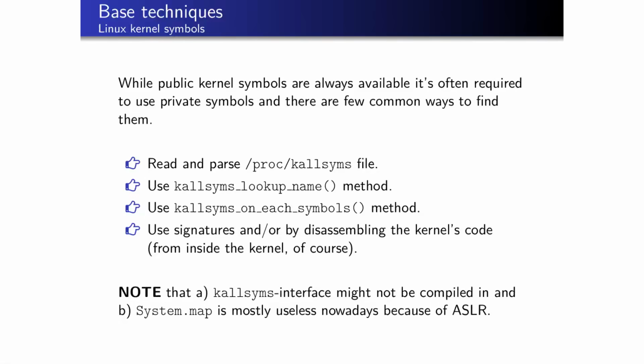You can do it in a kernel module, just calling kallsyms_lookup_name, passing a string with a name, and this function will find the address of the function, and you can put this address inside a function pointer to execute later, right?